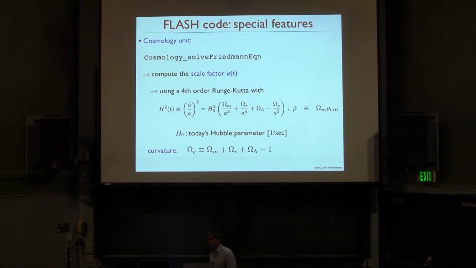If you don't like a flat universe, by adjusting these numbers you will get an open or a closed universe. And you just have to give, to solve this equation, the Hubble parameter today.